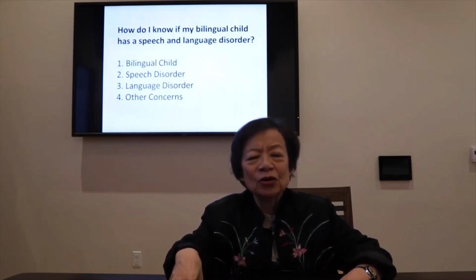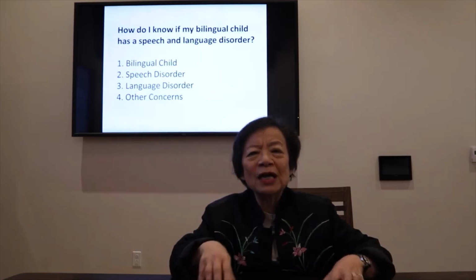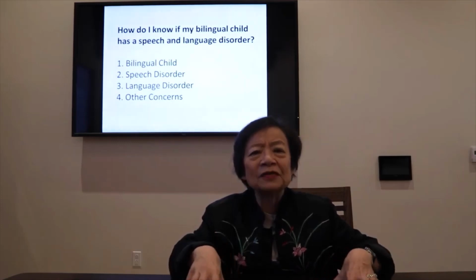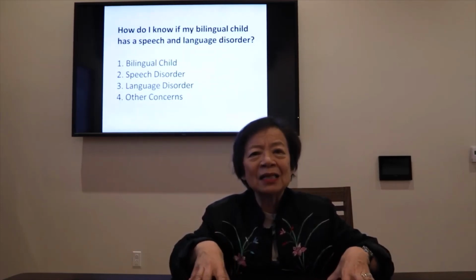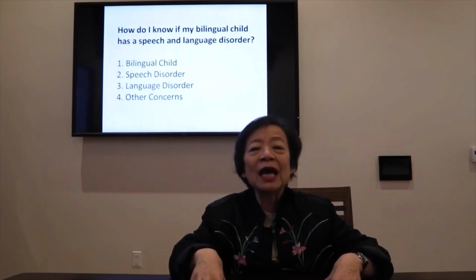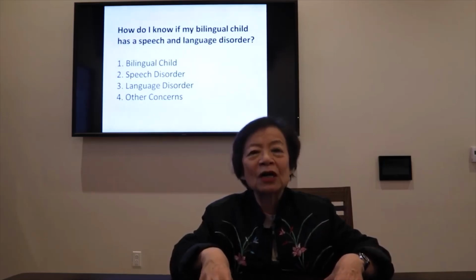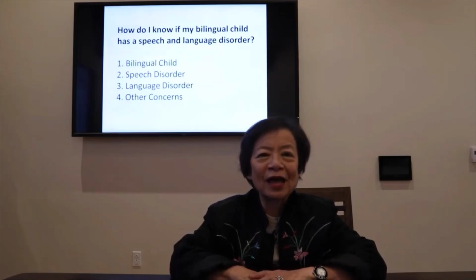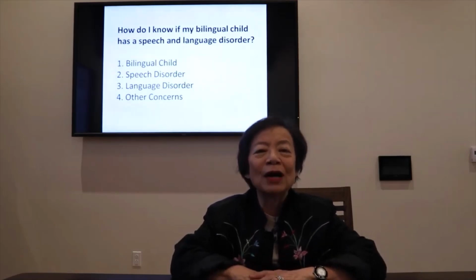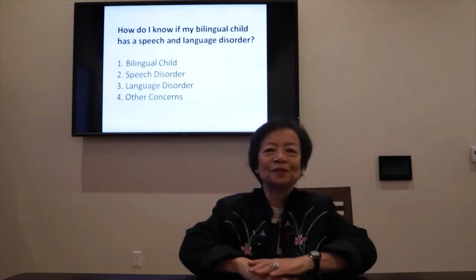A language disorder is a disorder in the acquisition of symbols, in the deciphering of symbols, and also in the expression of symbols. Thank you. That hopefully is good enough for you to understand language disorder.